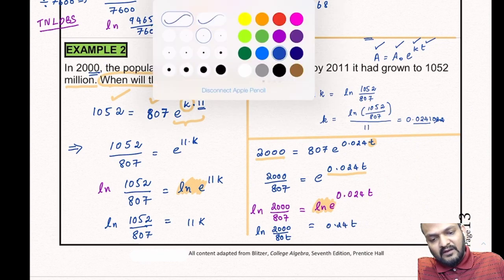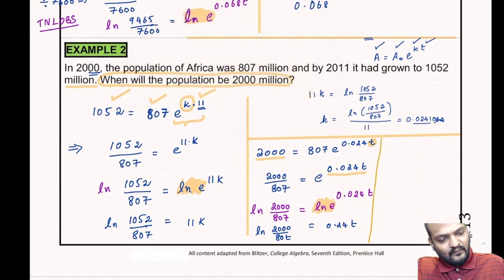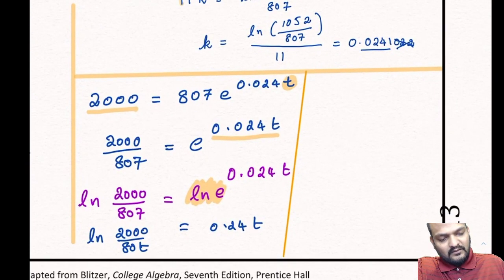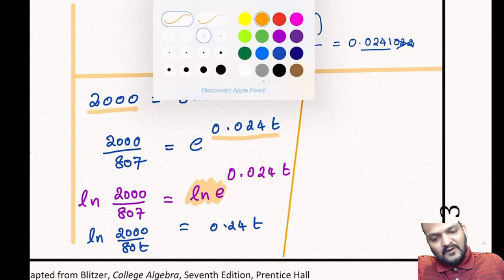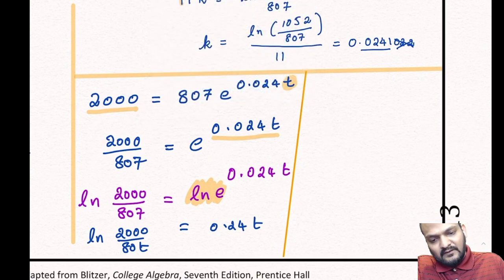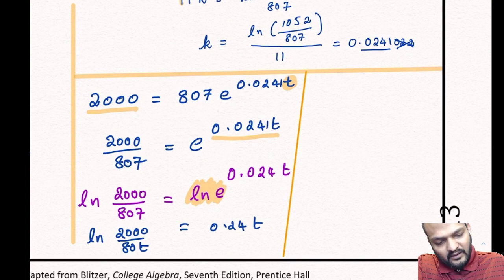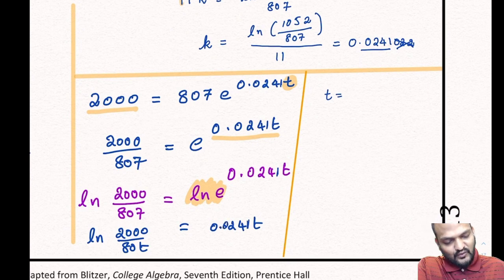All right, so if we solve that, therefore, from here, if I want to solve for t, I think I missed one over there. I think you're supposed to keep the one all over the place. So let me keep the one here, one here, one here, and one here. So therefore, t would be, I'm going to divide both sides by 0.0241.